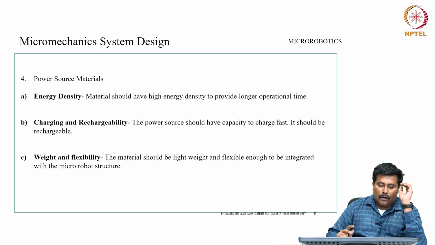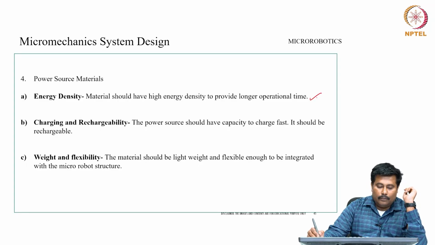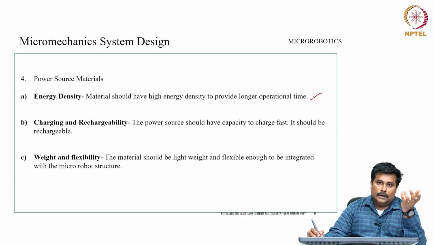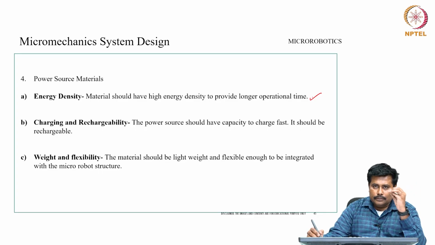When we talk about power source materials, energy density plays a vital role. The material should have a high energy density to provide a longer operation life cycle. In an actual field operation, these micro robots in most cases, after a particular time, will be kept standalone.